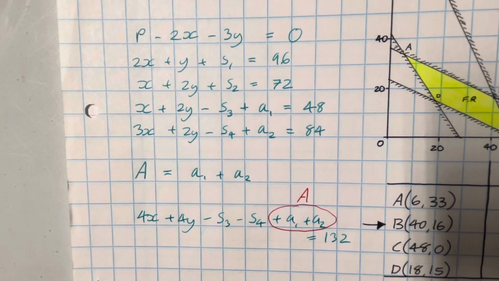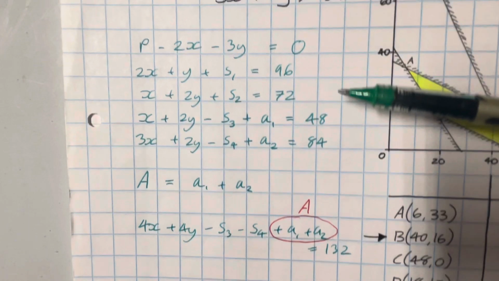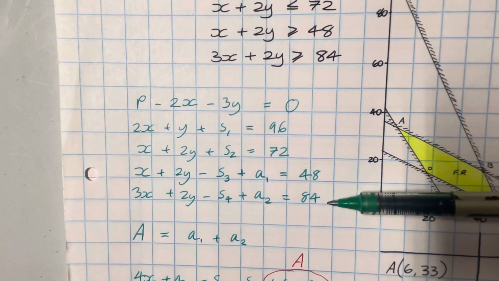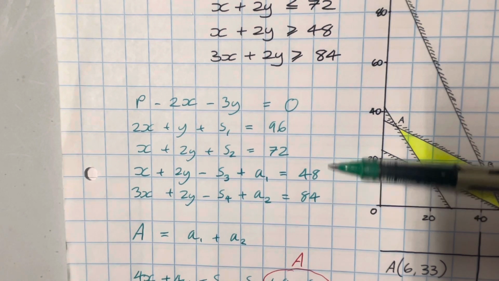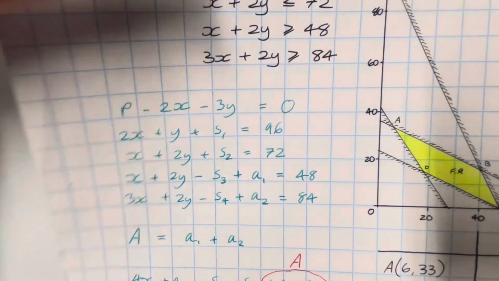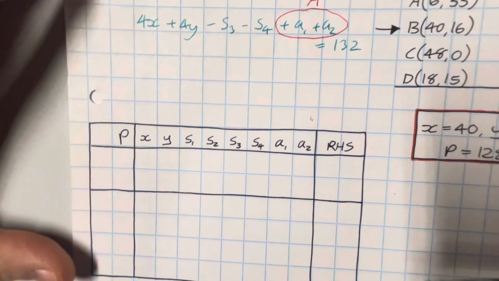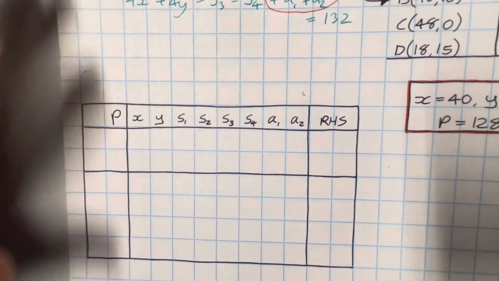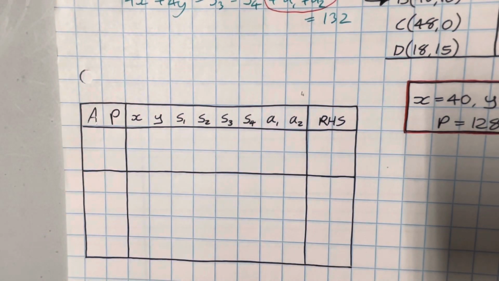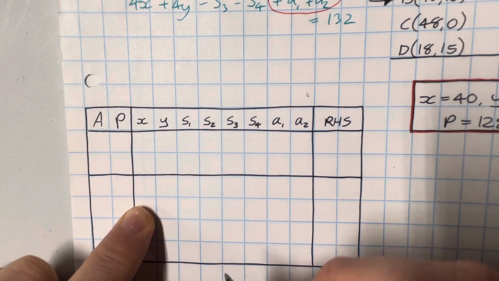What it looks like in terms of the tableau is usually what I would do is I'll draw these four constraint lines up first, and then the top objective line is going to be just the sum of those two, replacing A1 and A2 with capital A. So let's get all this into the initial tableau, and let's see what we end up with. Oh, there should be a capital A there, column header. Okay. So the first constraint was 2x plus y plus S1.